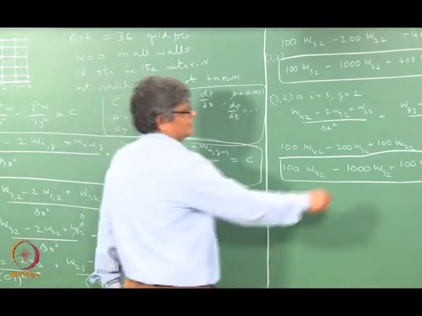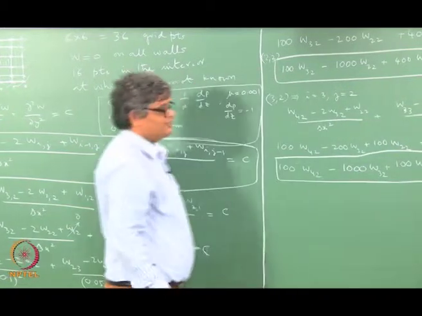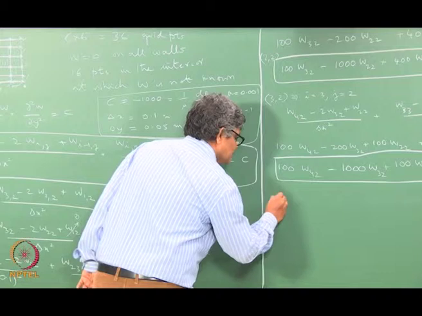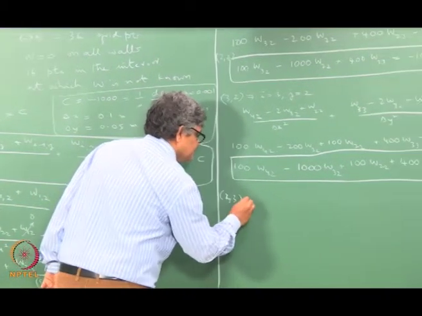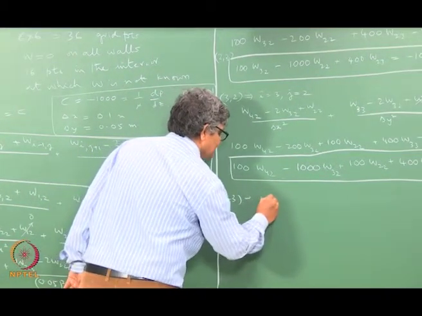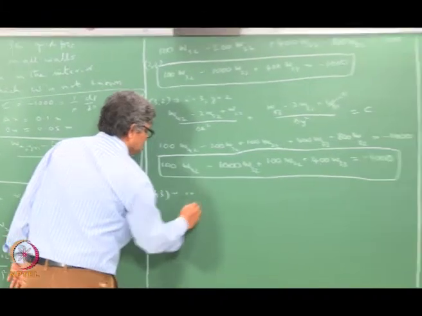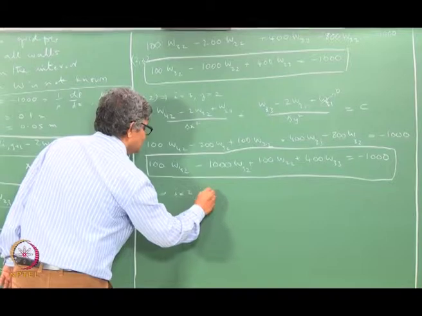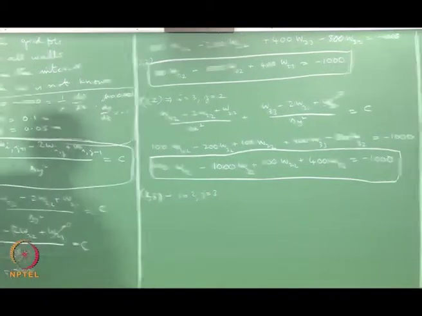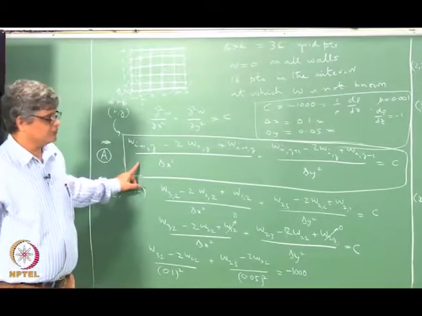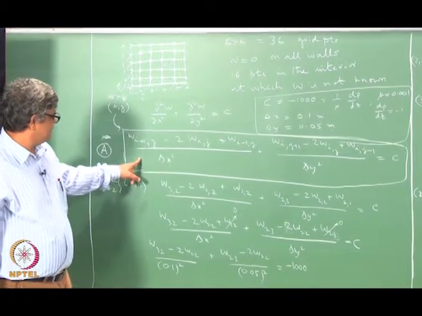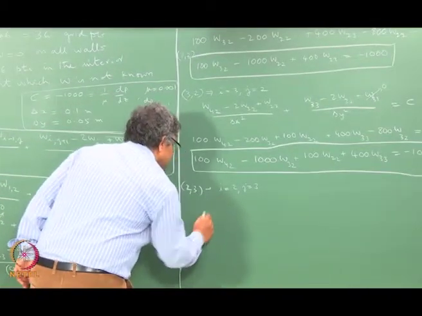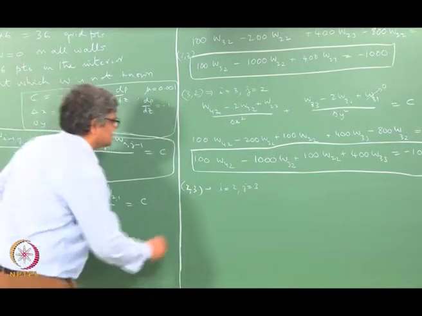So, for the sake of illustration, let us try to write an equation for W23, which means that i equal to 2 and j equal to 3. So, if you substitute again in this, okay, let us just substitute.